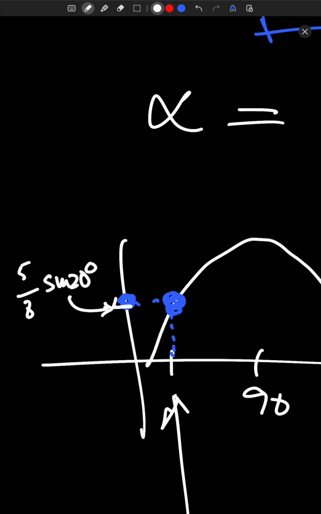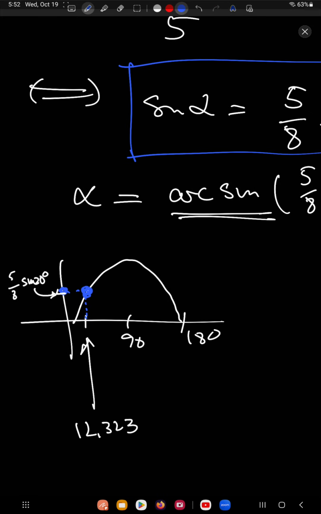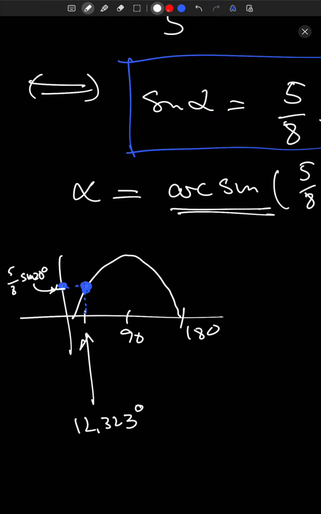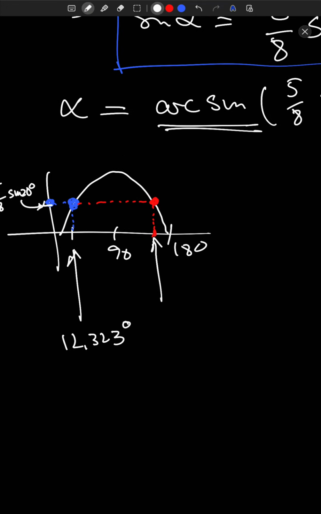And we wanted an input for sine that gives that as an output. Our calculator gave us this one right here, 12.323 degrees, but there is another one, and we can literally see it right there, right? And so the other possible solution, or the other angle that we're looking for, lives right there, 180 degrees minus 12.323 degrees. Okay?